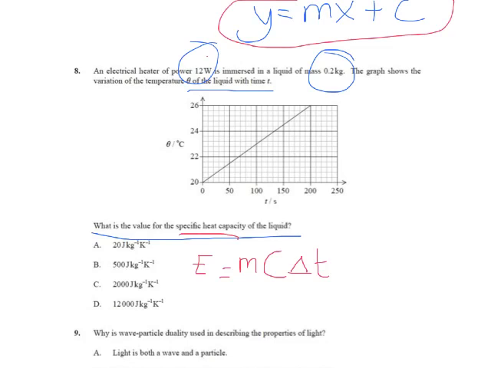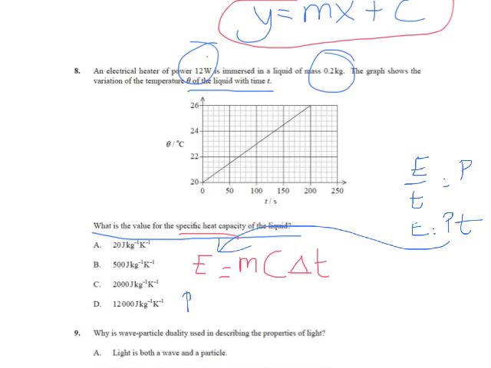But energy over time equals power. Therefore, energy equals PT, power times time. So let's put that in here. Power times time equals m mass, specific heat capacity c, delta θ.